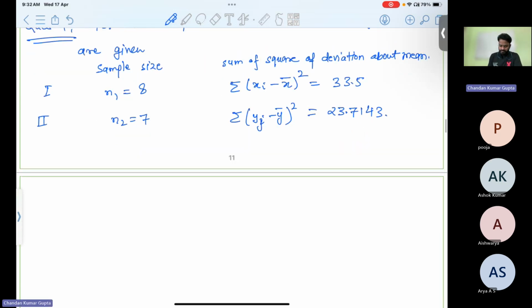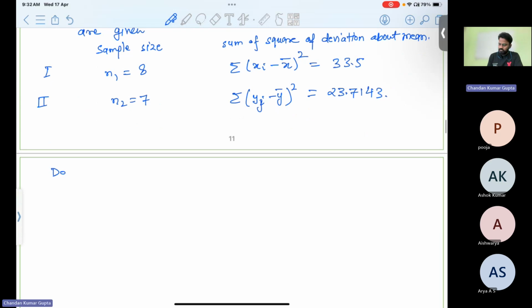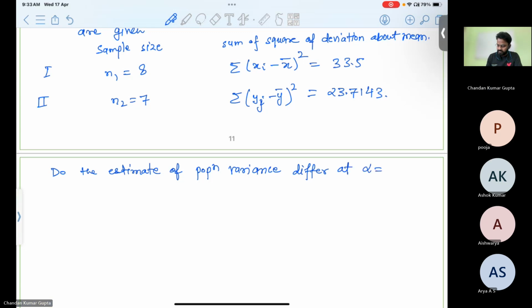Our question is, do the estimates of population variance differ at alpha equal to 0.05?